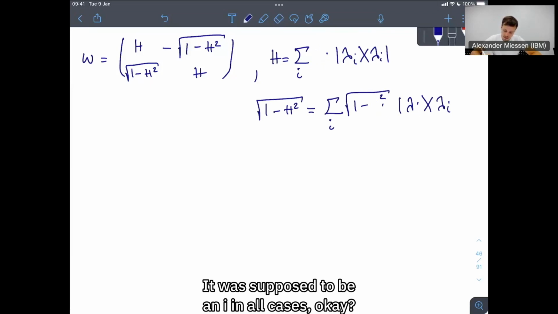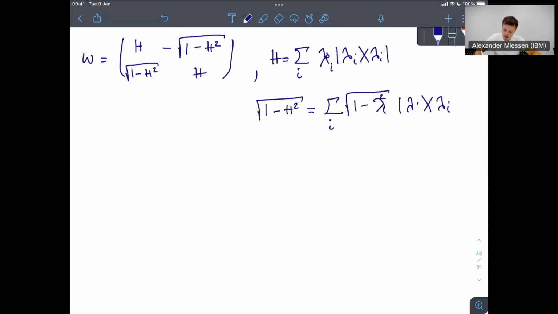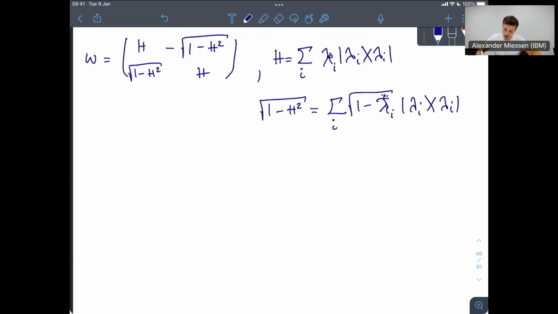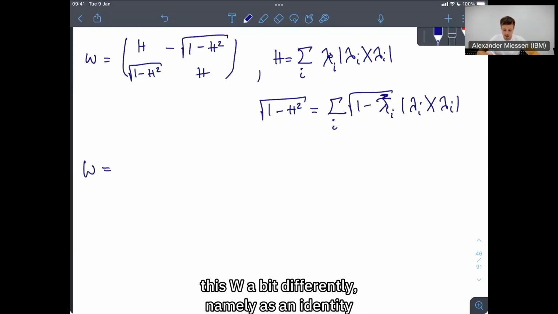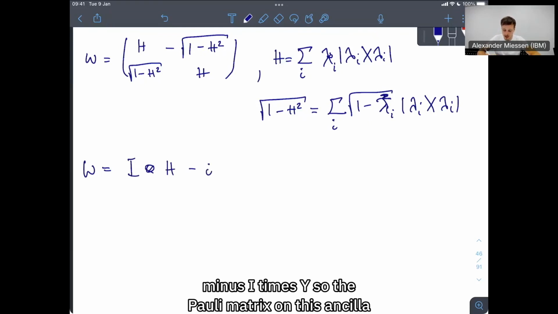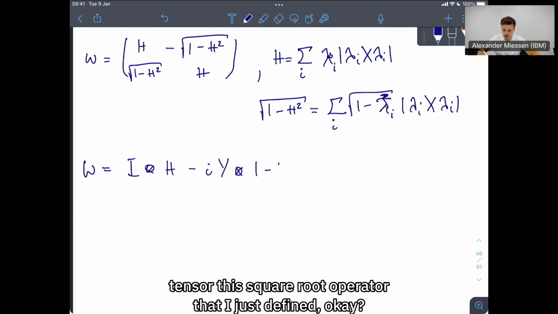Sorry for that. It was supposed to be an i in all cases, okay? So just one index for all of these. Okay, so far so good. And so we can write this W a bit differently, namely as an identity on an ancilla times H minus i times Y, so the Pauli matrix on this ancilla, tensor this square root operator that I just defined, okay?